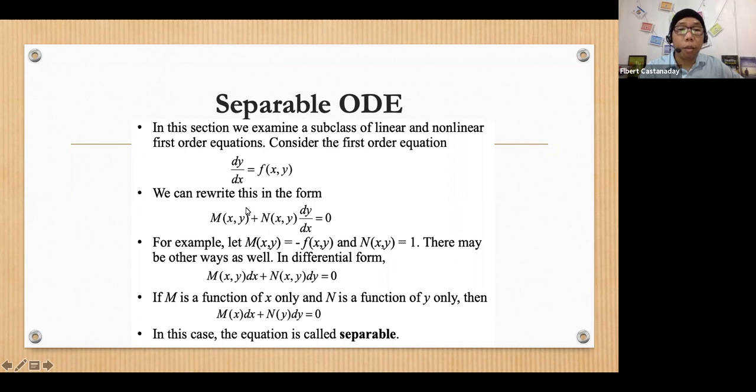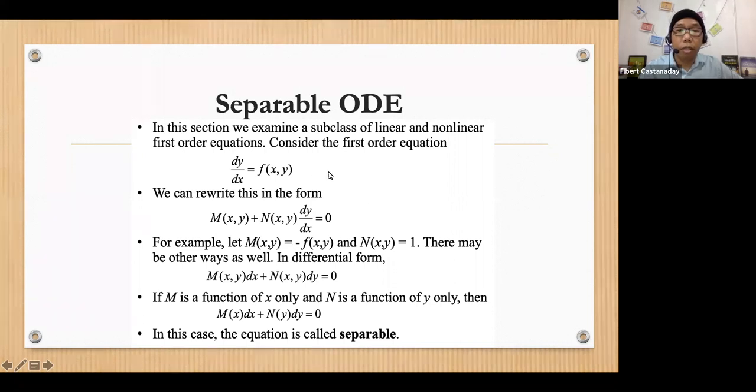Now, we can rewrite this first order DE into this form: m as a function of x or y, plus n, a function of x or y, times the derivative of y with respect to x, equal to 0.